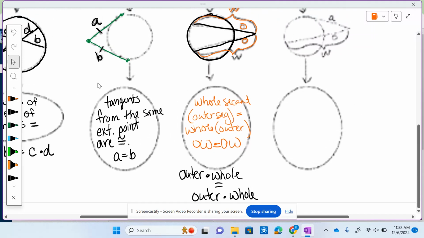And then this last one is a secant and a tangent. The tangent is this right here. And then my secant is this right here. I have an outside and a whole.